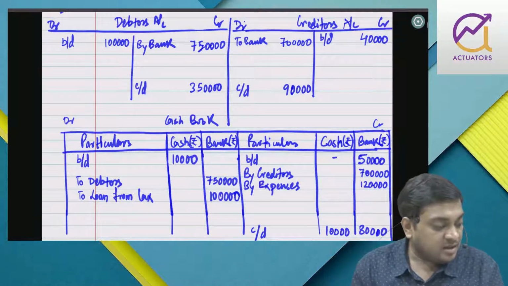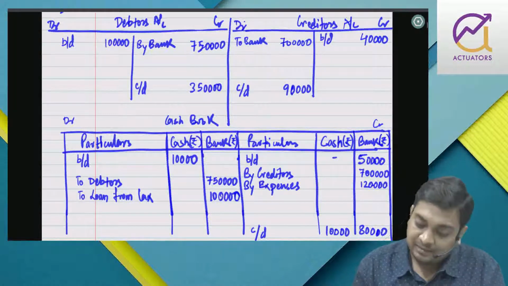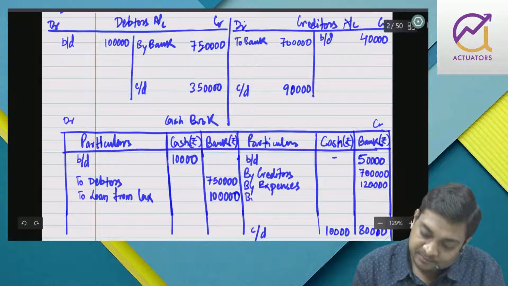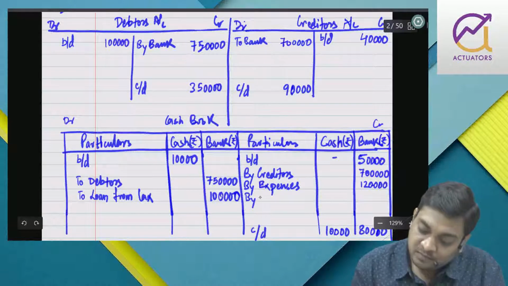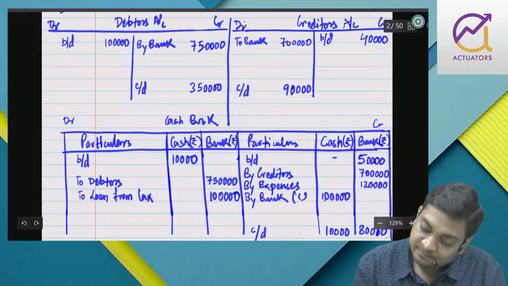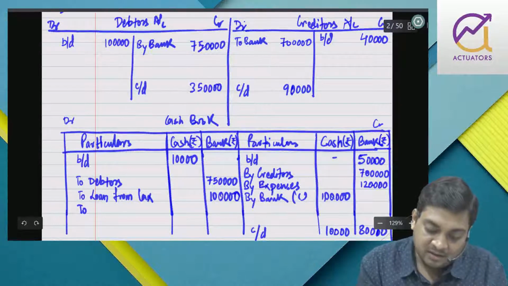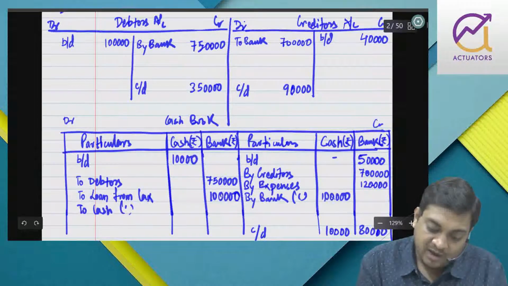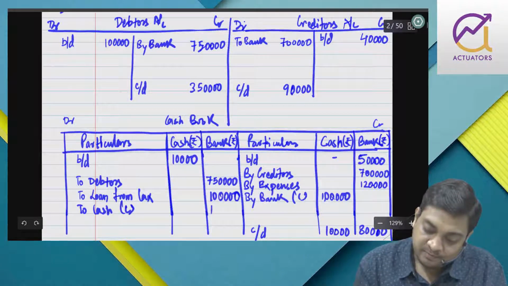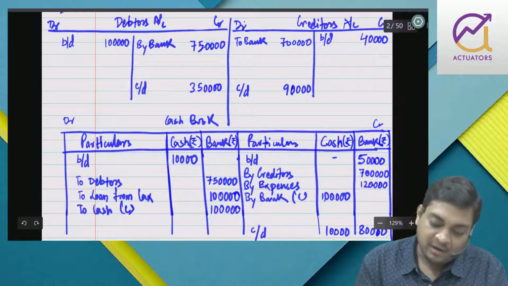Then cash deposited in bank 1 lakh. So contra entry. So by bank contra 1 lakh, and here to cash contra amount in bank column.